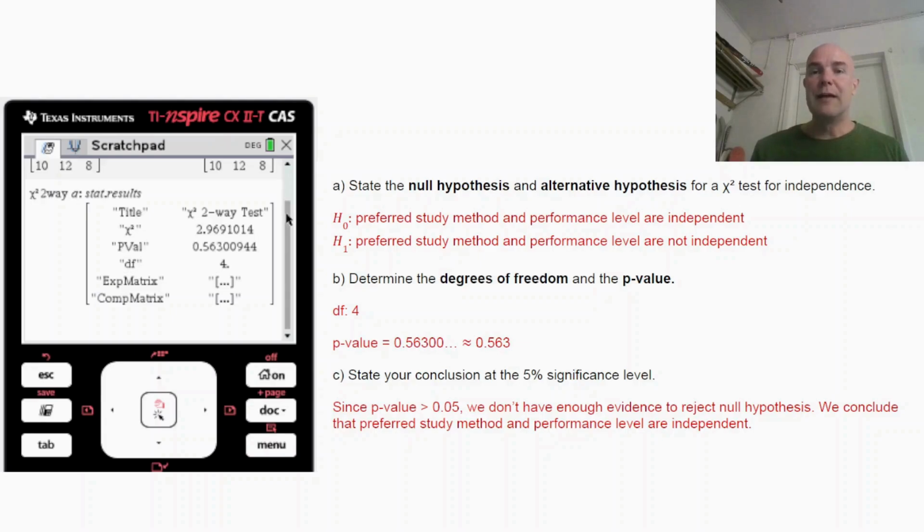If the p-value is greater than the level of significance, like in this question, then we don't have enough evidence to reject the null hypothesis. Our conclusion is that preferred study method and exam performance level are independent.